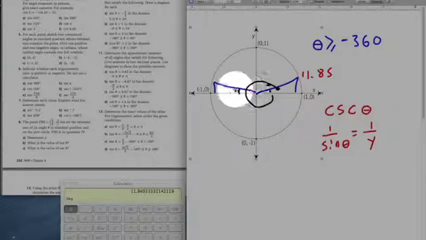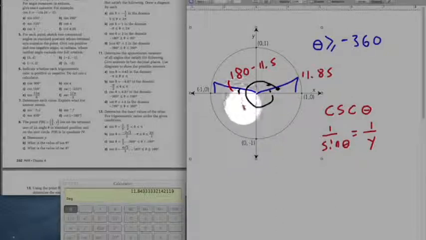Okay. And then you're going to have it here where this is going to be 180 minus 11.85. And then when we do the last one where we go all the way around in the negative direction, you're going to have none in these.